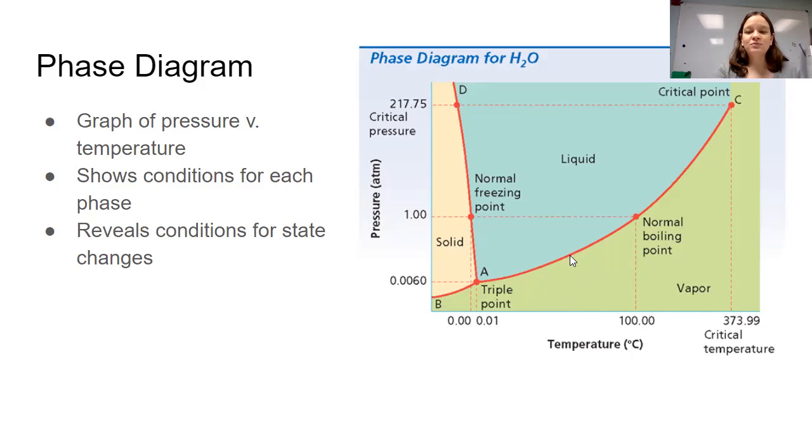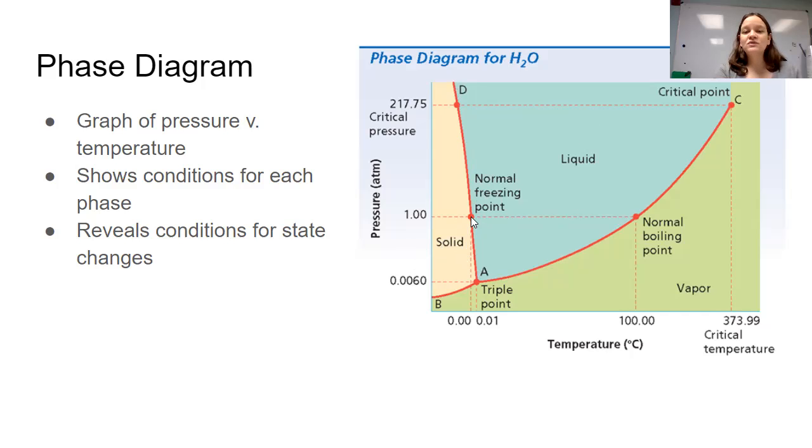But we could use this to determine what pressure we would need at each temperature to undergo boiling, to go from vapor to liquid, or to undergo freezing. Okay, so all along this line right here are the temperature and pressure conditions that would send a solid to liquid or liquid to solid.